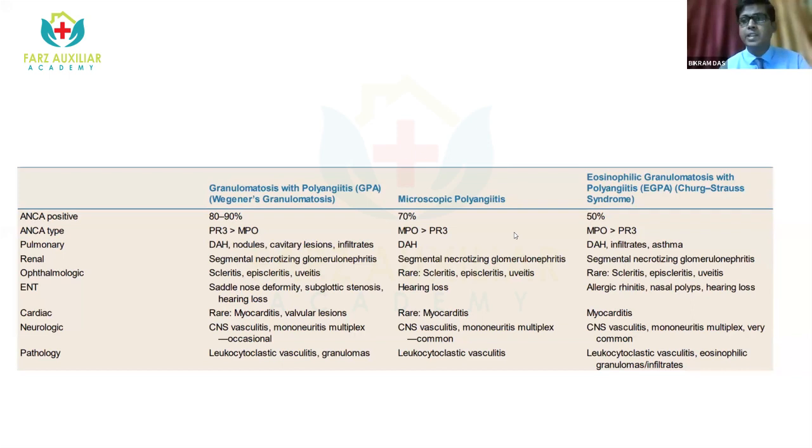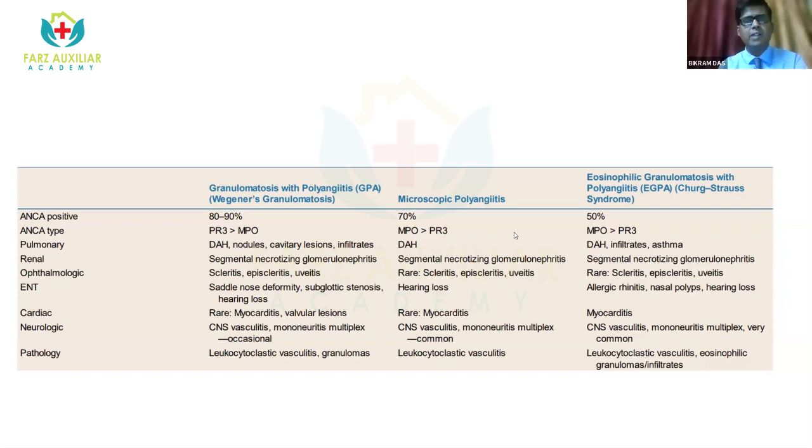The percentage of positivity of P-ANCA will be more for microscopic polyangiitis and eosinophilic granulomatosis with polyangiitis rather than GPA, or Wegener's granulomatosis, where C-ANCA positivity will be more. Pulmonary hemorrhage will be common in all 3. Microscopic polyangiitis can present with isolated diffuse alveolar hemorrhage. Ophthalmological involvement will be more in Wegener's granulomatosis. It is rare in the other 2 entities.